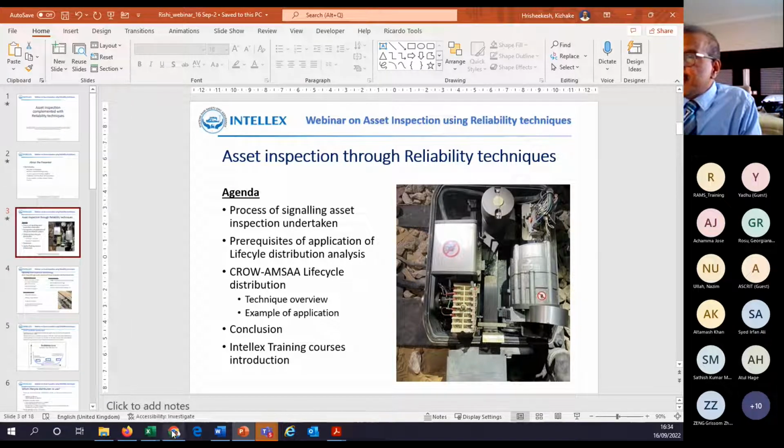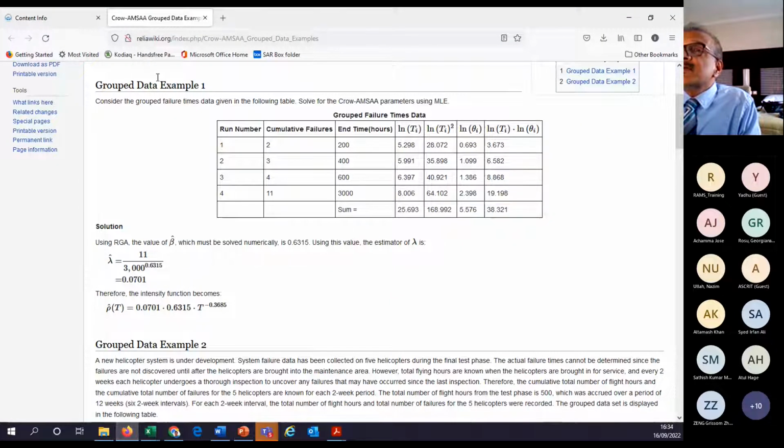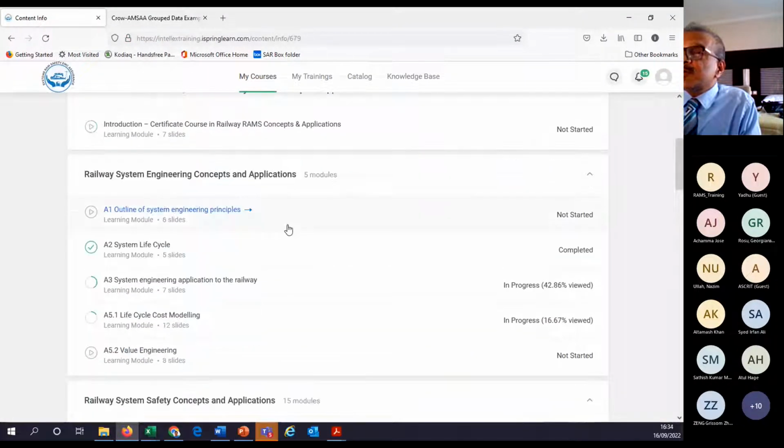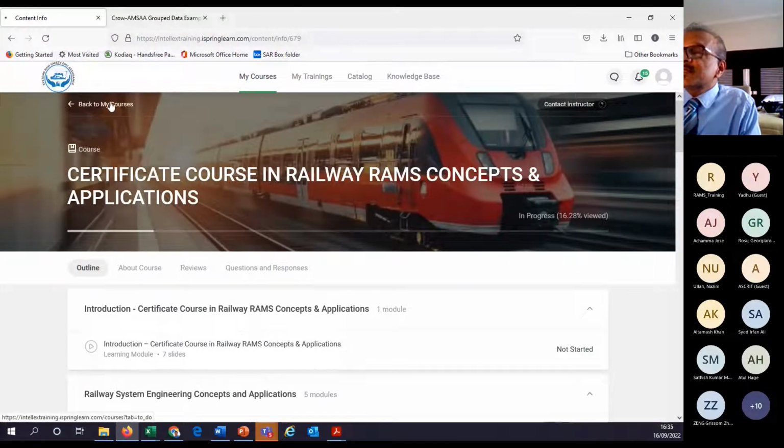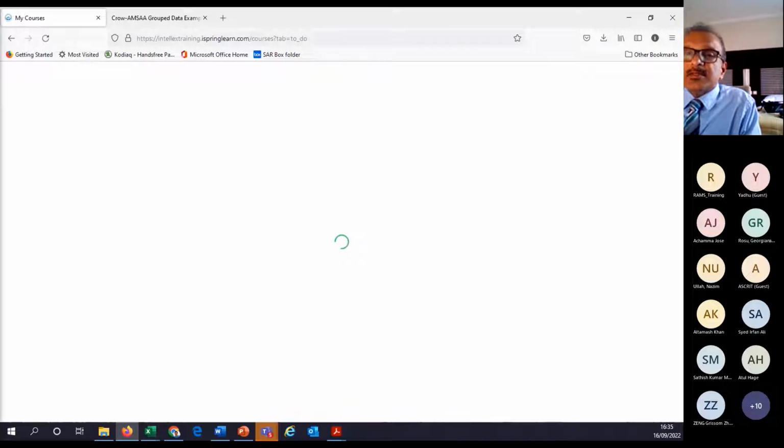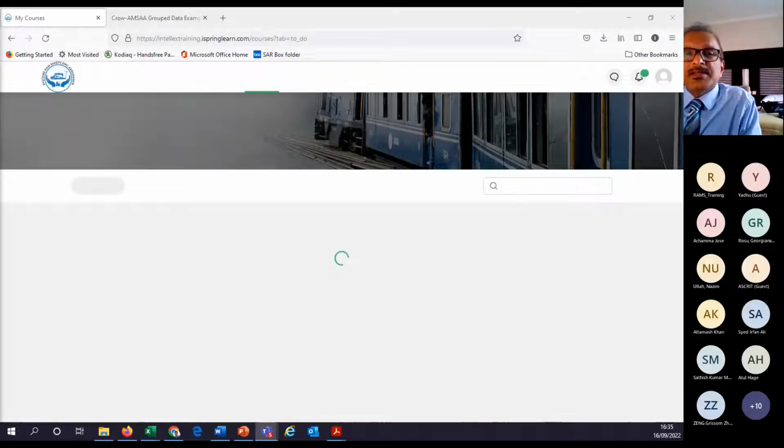I'll also show you the portal, our training portal, which has all the courses here. Let me just share the system sound also so that you can see.